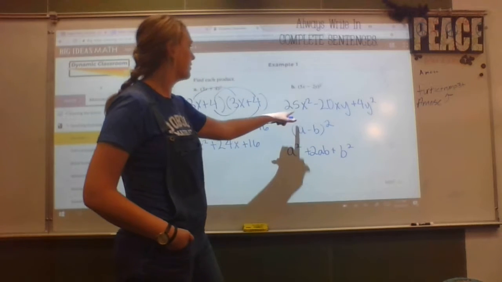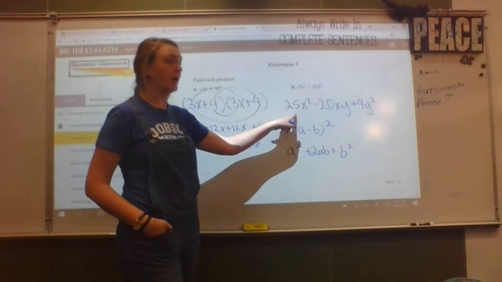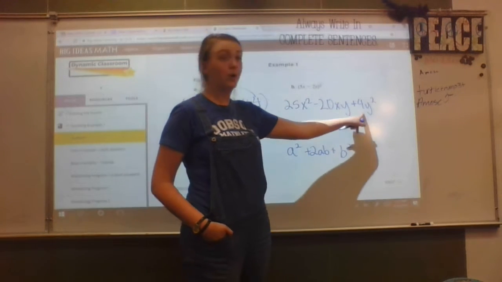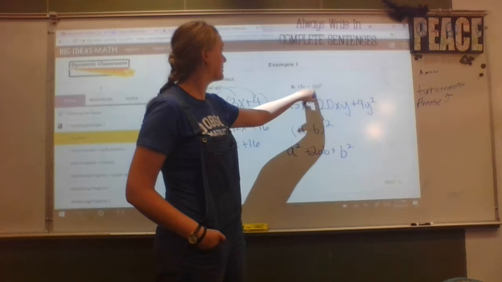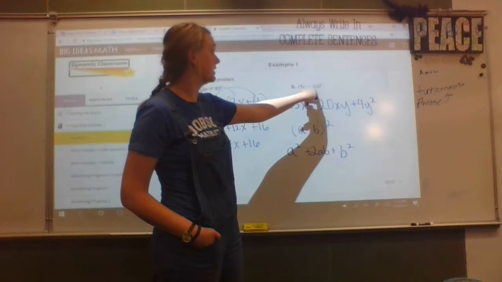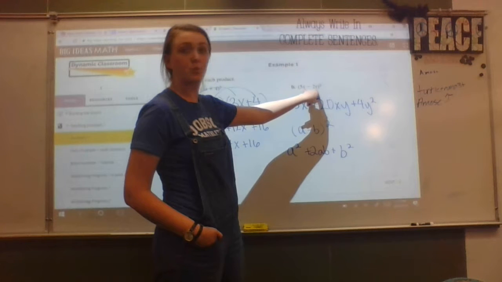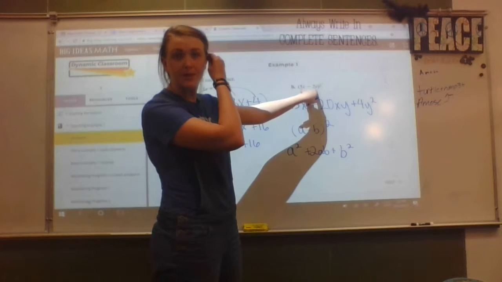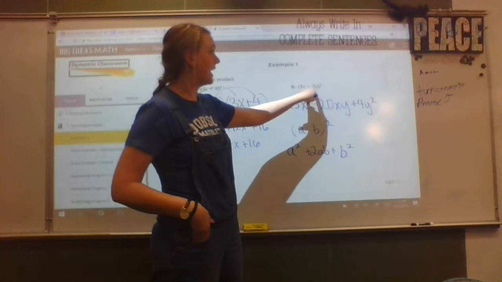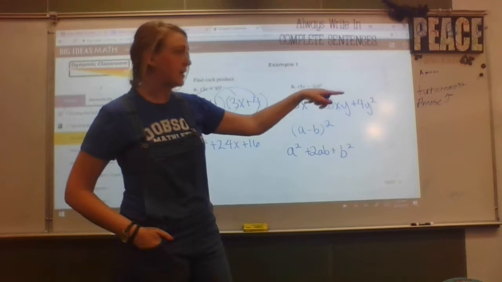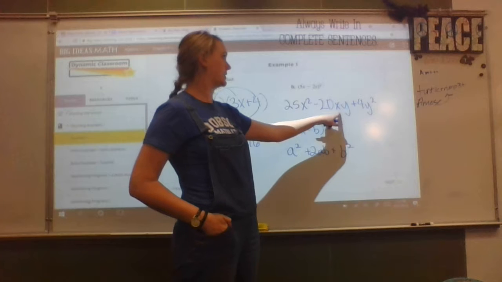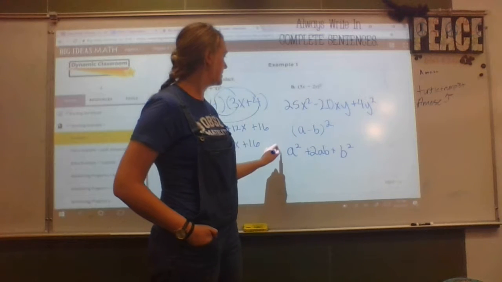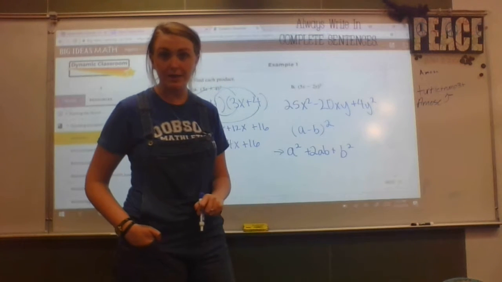And we can see that in both of these. Here's 5x squared, here's negative 2y squared, and then when I multiply these times each other, the inside parts, I get negative 10xy. Can you see that on your paper, how these two become negative 10xy when you multiply them? Well, if I double that, since I'm doing outer and inner, it becomes negative 20xy. So this is the special formula.